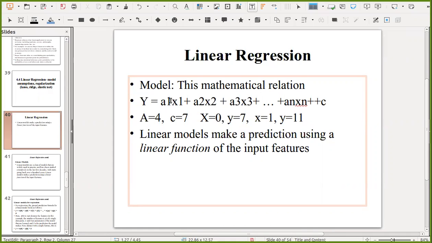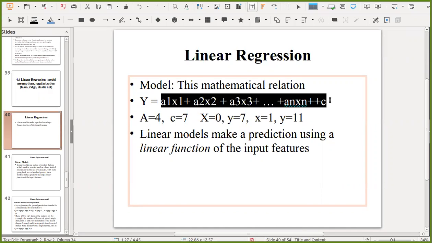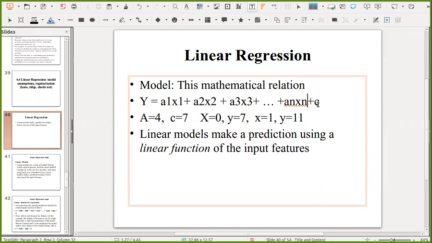Again, only the linear form of each feature is used. It is not a square or square root, etc. Only the simple original form of the feature is used, and that's why this type of model is called a linear model.